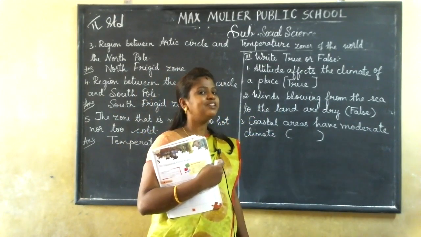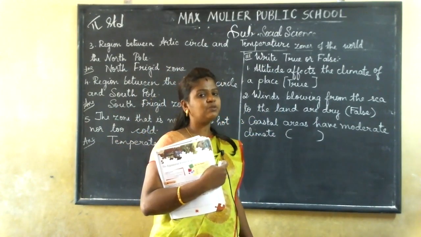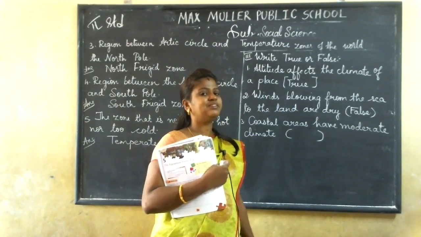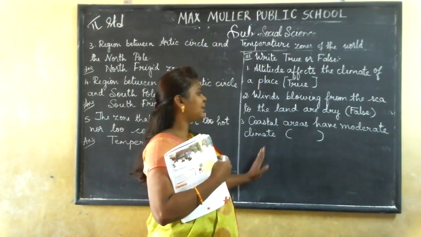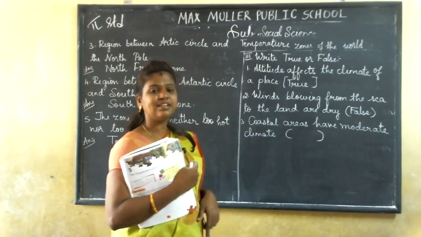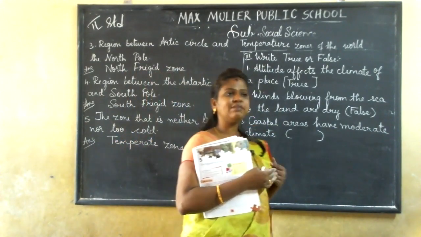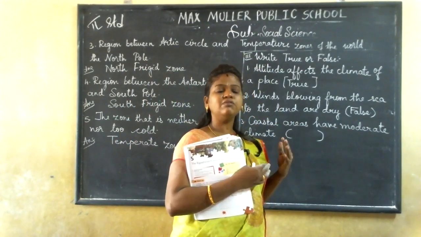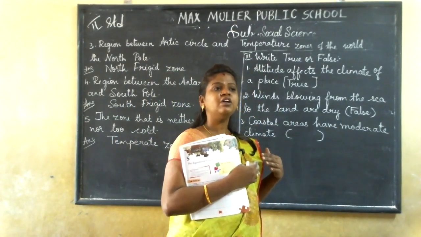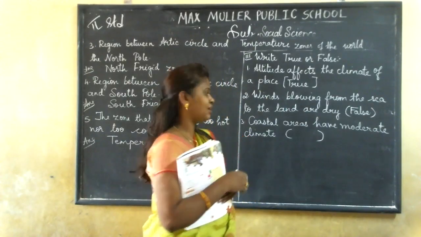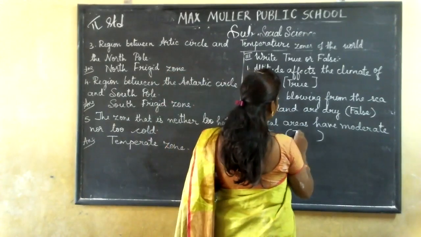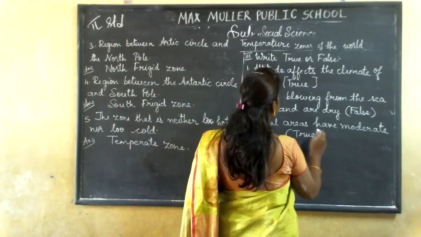Yes, because here the water bodies are more. For example, beaches and sea are more near the coastal areas. So hence it has a moderate climate. Moderate climate is nothing but it won't be too hot or too cold. So hence this is a correct statement and it is true.